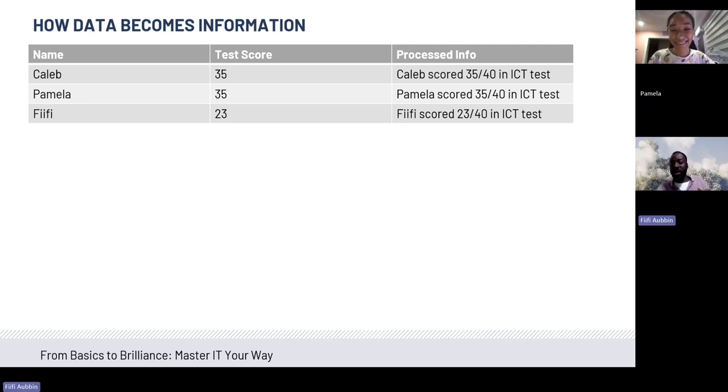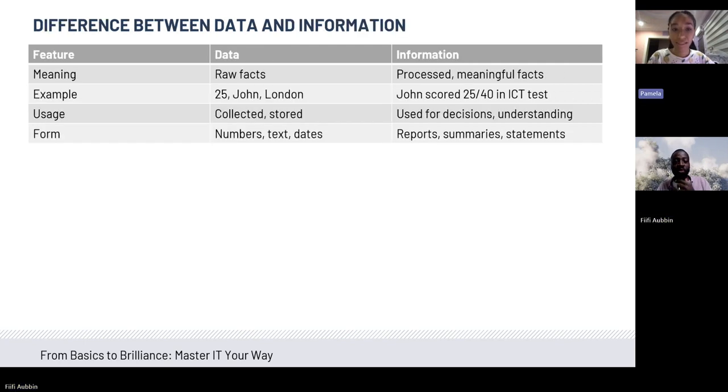So data being processed into information. If I ask now, what is the difference between data and information? What are you going to tell me? First off, information is linked directly from data. Without data, you cannot get information.